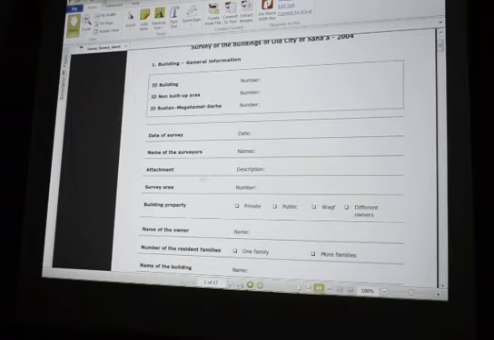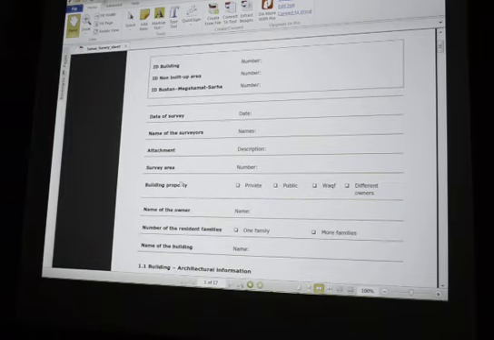Then we started with some general information. The kind of property: private, public, waqf, different owners. The name of the owners, you know, because Yemenis, like you, wanted the name of the owner, which is a useless information, but anyway. But unfortunately, in order to get the name of the owner, they have to interview someone in the house, in the building. And this was a loss of time. But anyway.